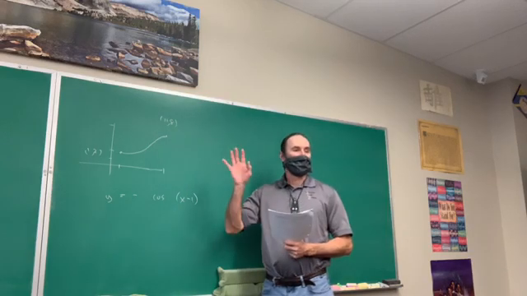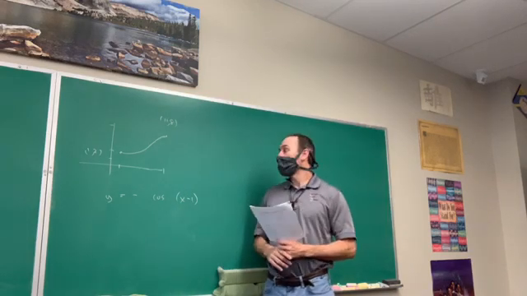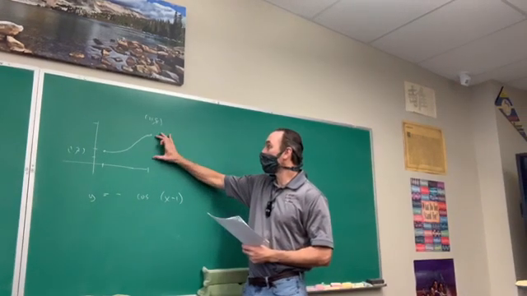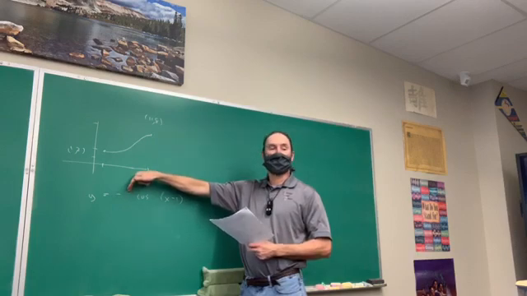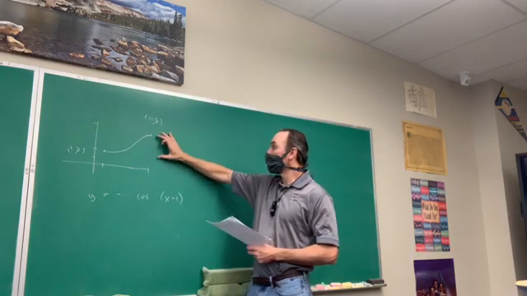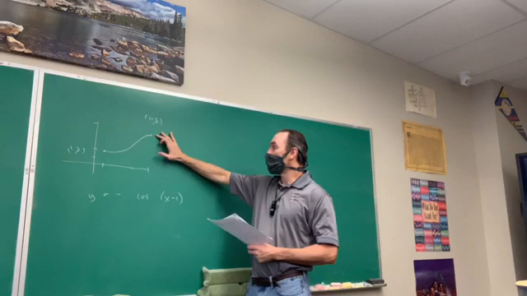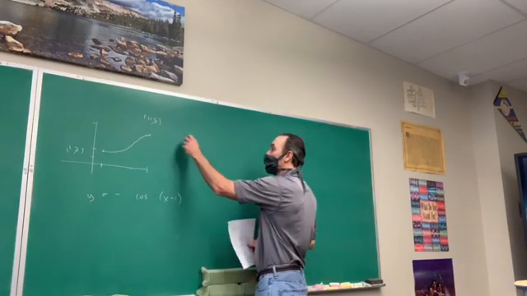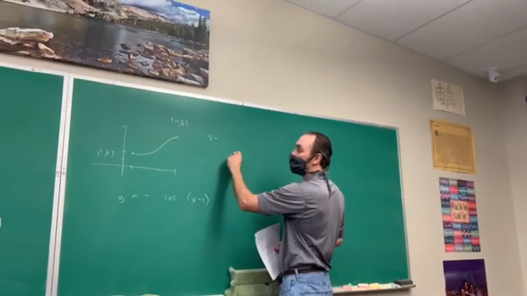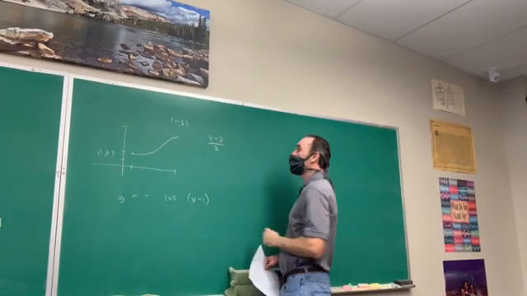Now the order you do the rest of this in doesn't really matter, but we can see that we have a high and a low, so we can find our amplitude, that value of A that's going to go in front here. If we take the high minus the low, the max minus the min divided by 2. So that's going to be the y value 8 minus the y value 2 divided by 2.